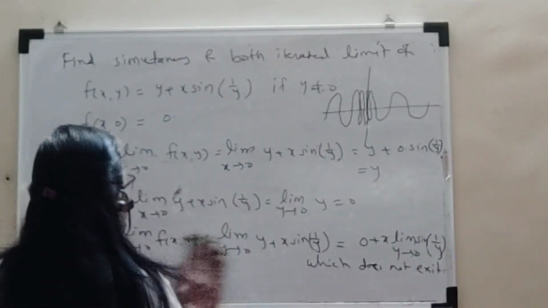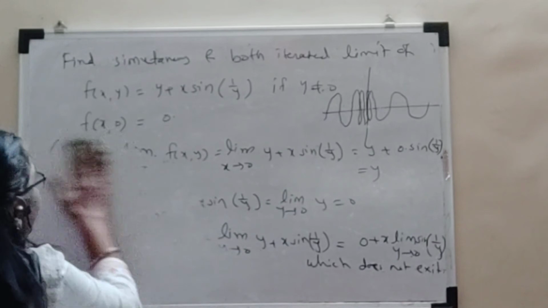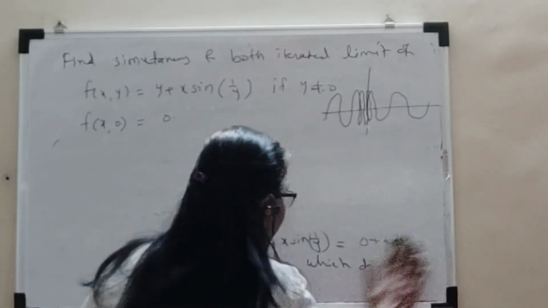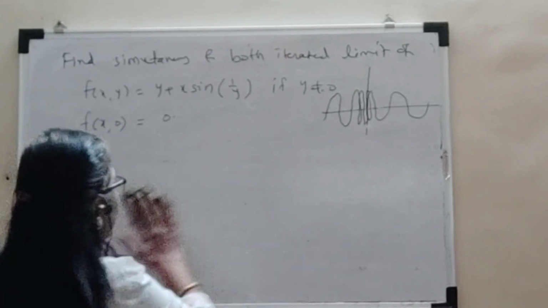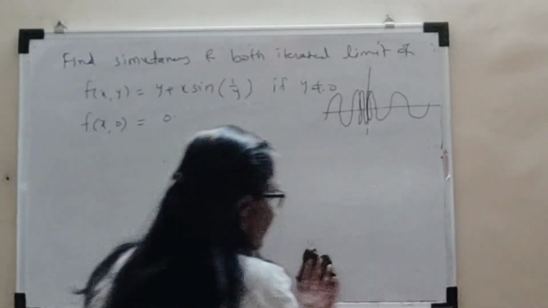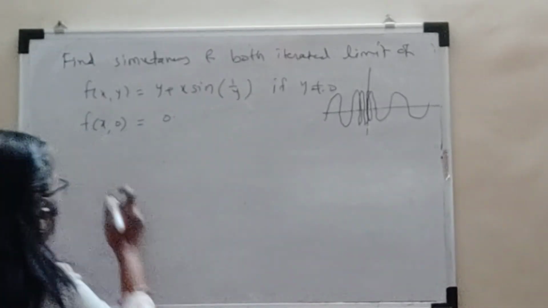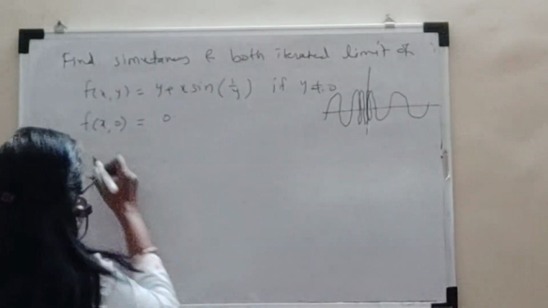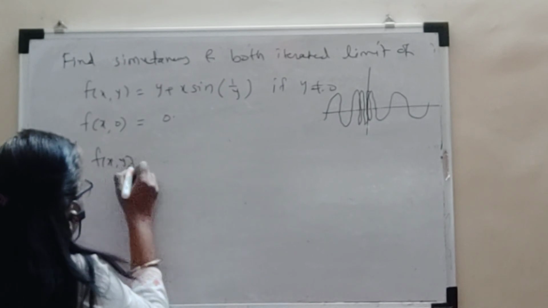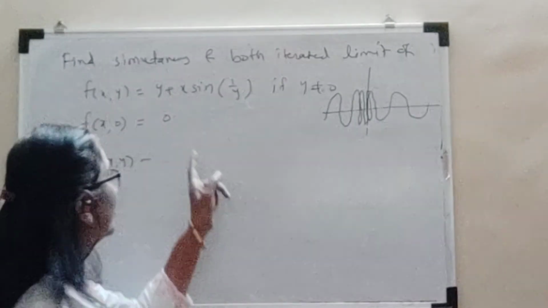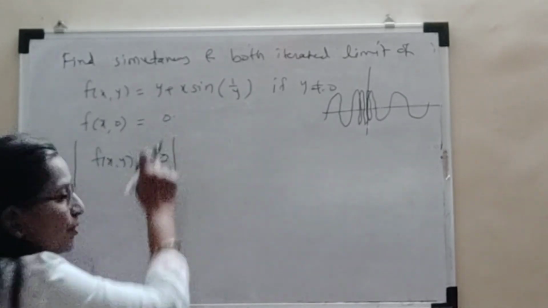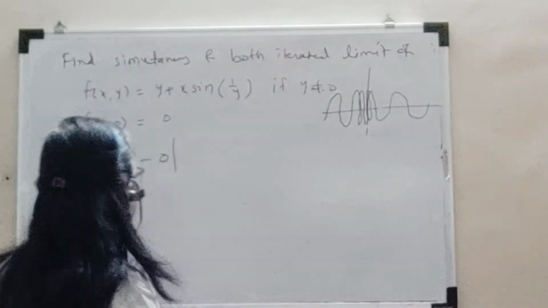We go for the simultaneous limit of the same function. For the simultaneous limit, we use the epsilon-delta definition. We consider the modulus of f of x, y minus L. We choose L as 0, since f of x, 0 is defined as 0.